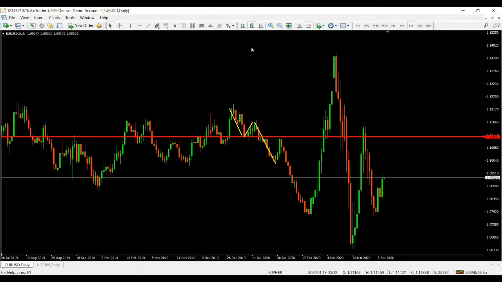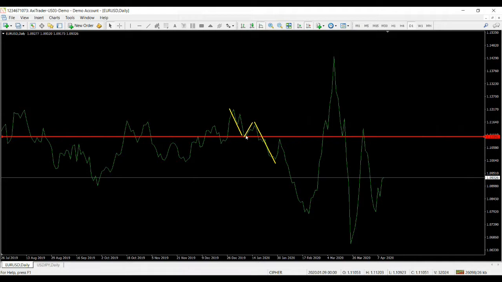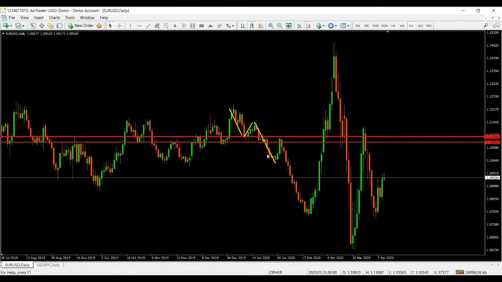But as you can see here, there is a bit of one more area, so we can take these two also. When the price touches here, it drops.